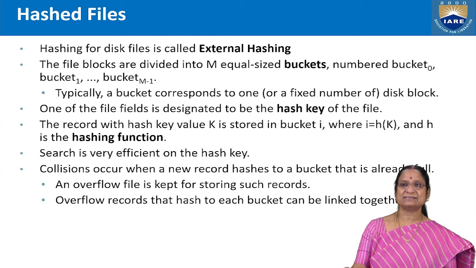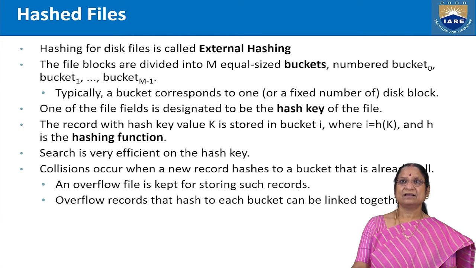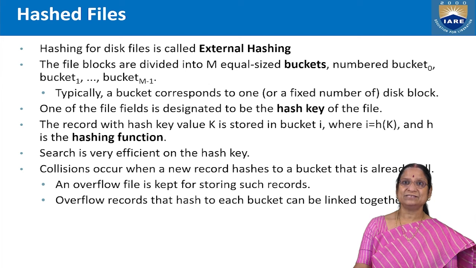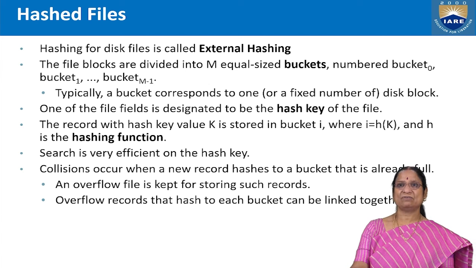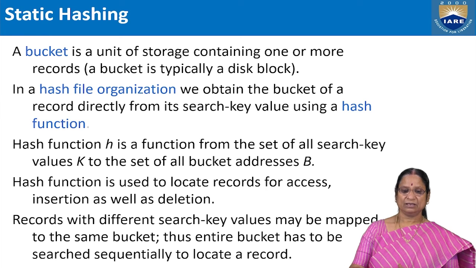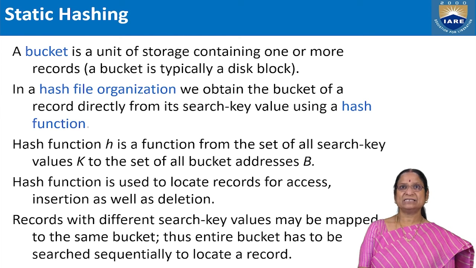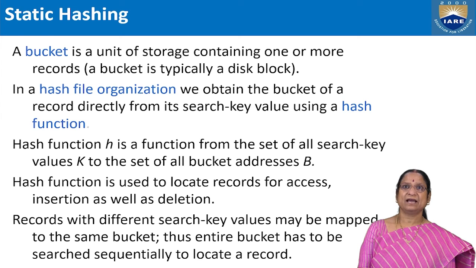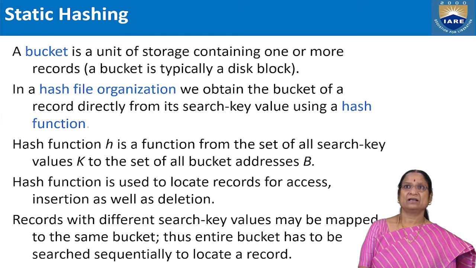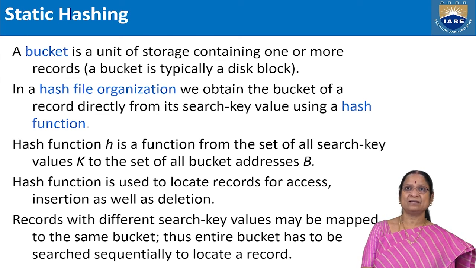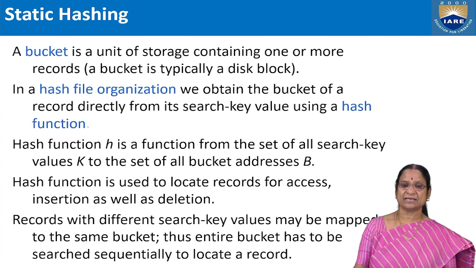That is, the bucket number i is equal to h of k, where h is the hash function and k is the key value. A bucket is a unit of storage containing one or more records. Hash file organization is storage of data in secondary storage, directly mapping with the hash address using a hash function.